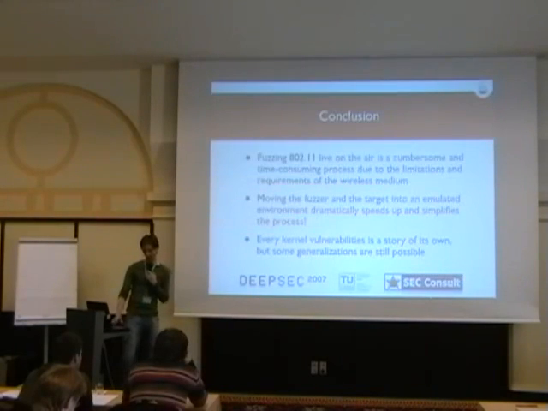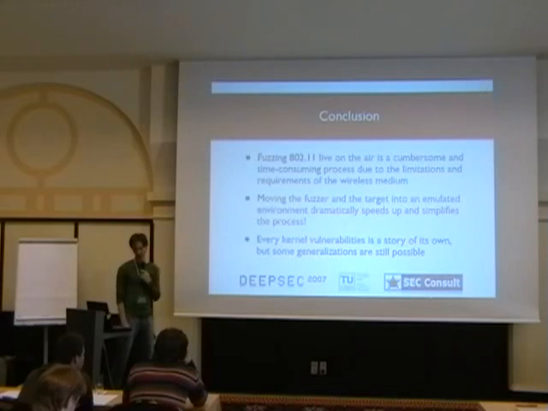Okay, so to come to a very brief conclusion, 802.11 fuzzing is very cumbersome for the reasons that Clemens told you. By moving the target into the virtual environment, a lot of things get easier. The downside is that you have to implement the virtual device.